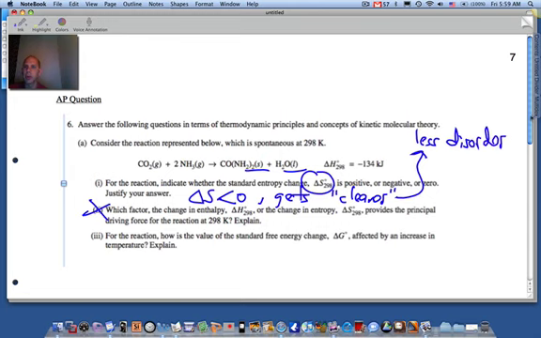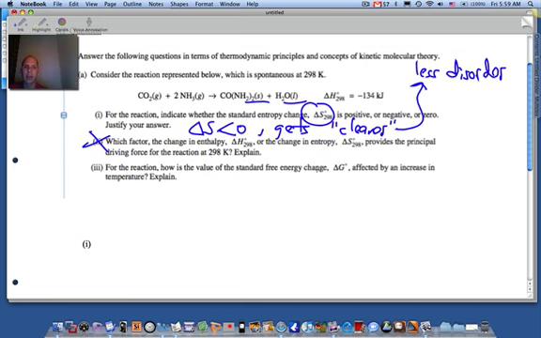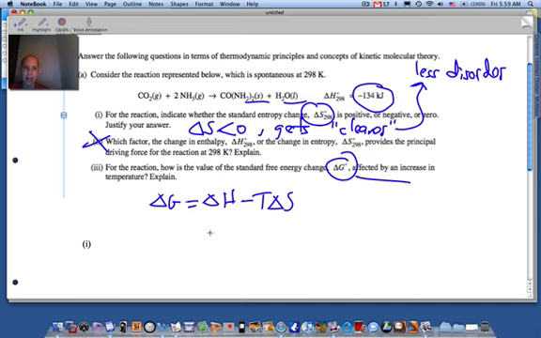There's less disorder. Okay, so how is delta G affected by an increase in temperature? All right, if delta G equals delta H minus T delta S, delta H is negative, minus T, in this case, delta S is also negative. All right, so it's going to be a positive.